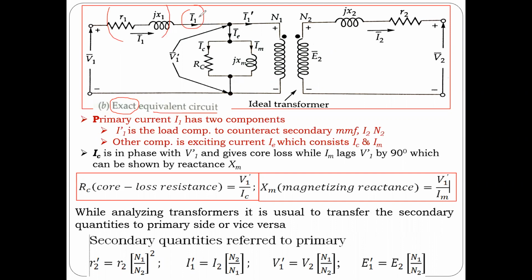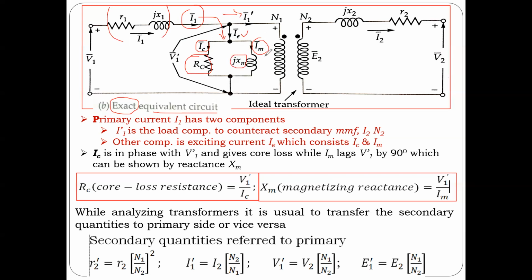Part of the primary current works as an excitation current, and the other part goes to compensate for I2. The part that goes for excitation creates the flux, and the other part counters the core losses, which are pretty high.